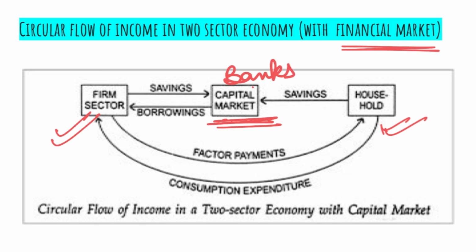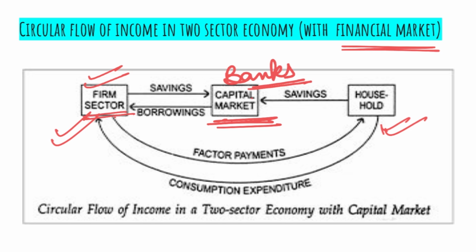Now what banks are doing out of that money is that they are creating loans out of it, and the loans that they are creating are given to the firms or the factories so that they can expand their business. Now you must be thinking, what do banks get in return for giving loans to the firm sector?